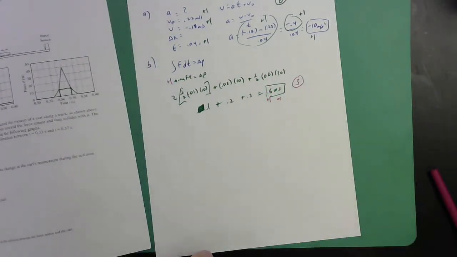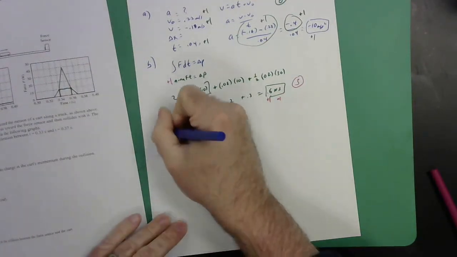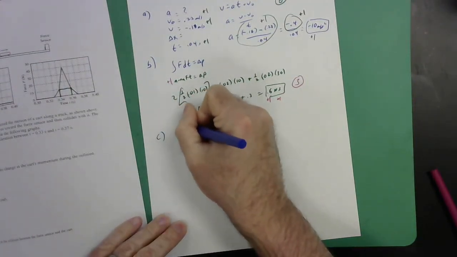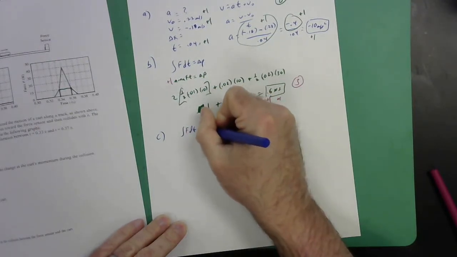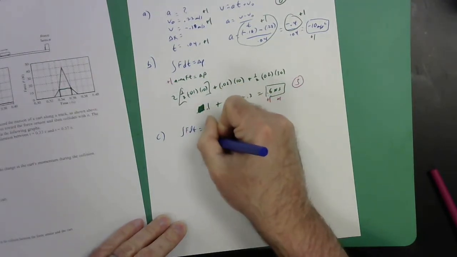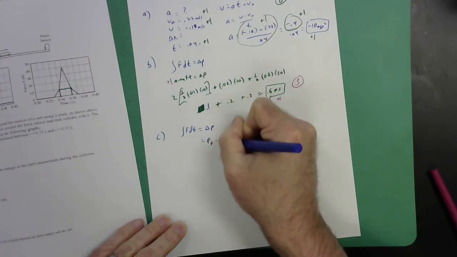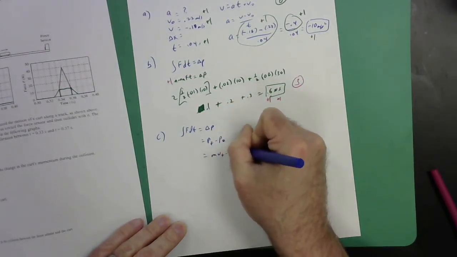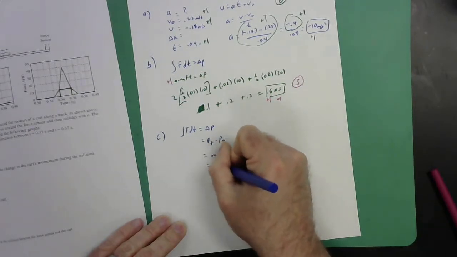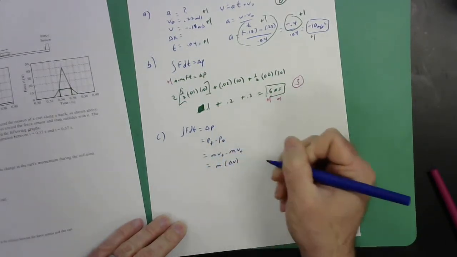So I would probably solve it that way. I'm going to use the idea that the impulse is equal to the change in momentum. And so the change in momentum is P final minus P initial. So that would be m v final minus m v initial, or if you like, mass times delta v.